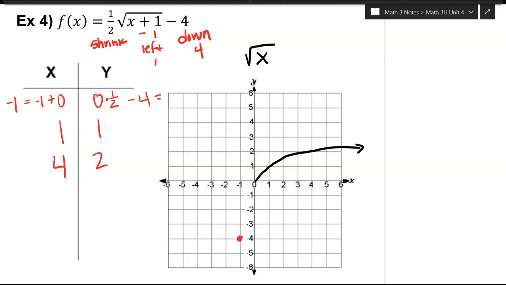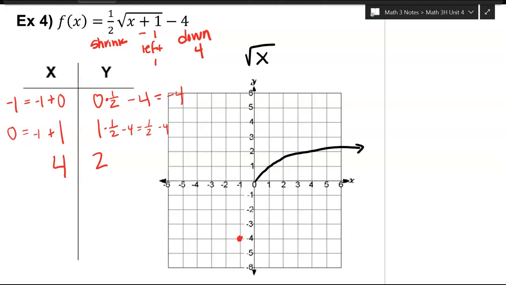All right, so this would be -1, and 0 times 1/2 is 0. 0 minus 4 is -4. So that's that -1, -4. That's your origin point. Next one, we have 1 plus -1, which is going to be 0. And then 1 times 1/2 minus 4. So we have 1/2 minus 4.